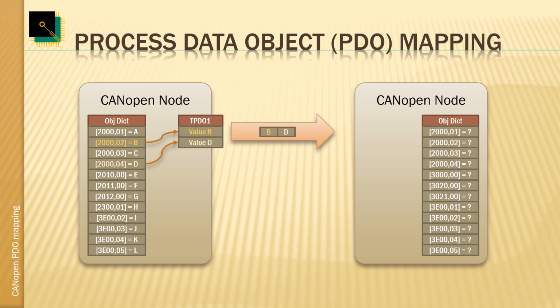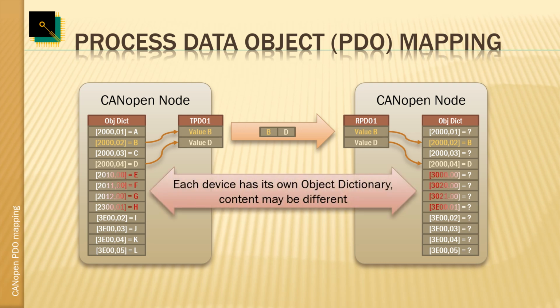And let's assume the receiving side has the RPDO1 configured to receive this data, and we have an identical mapping so that the data B and D gets into the same location as on the transmitting node. However, there will be situations where the object dictionary entries do not have the same numbering on the transmitter and the receiver side because the object dictionary entries will simply be different.